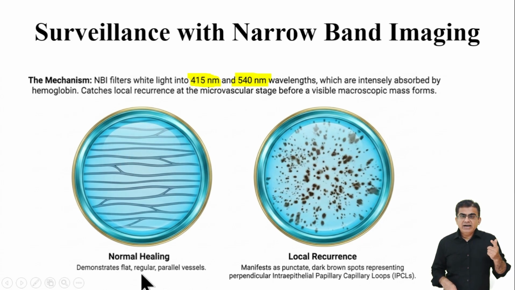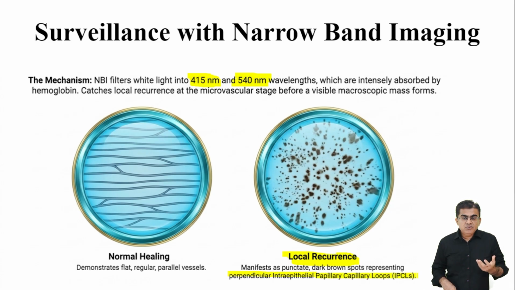But now carefully look at the image on the right showing a local recurrence. Here, the vascular pattern is highly abnormal and completely chaotic. You will see tiny punctate dark brown spots clearly scattered across the tissue. These spots represent abnormal perpendicular loops of blood vessels, which we call IPCLs.